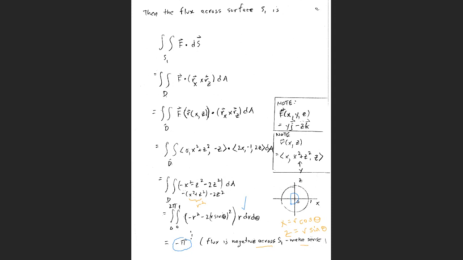Please let me know if you have any questions. And give me a thumbs up when you're done copying, and then we'll look at the flux across the second surface.